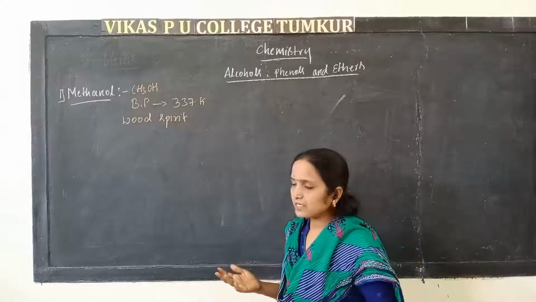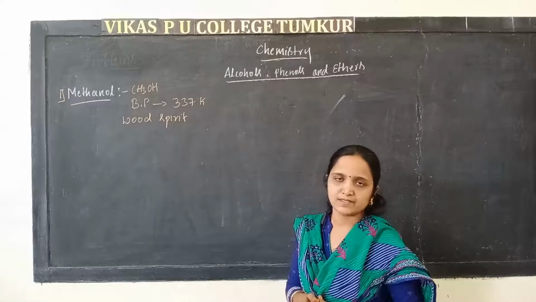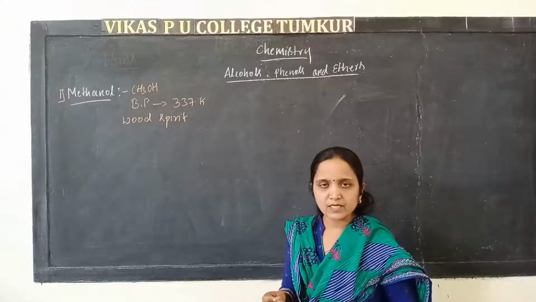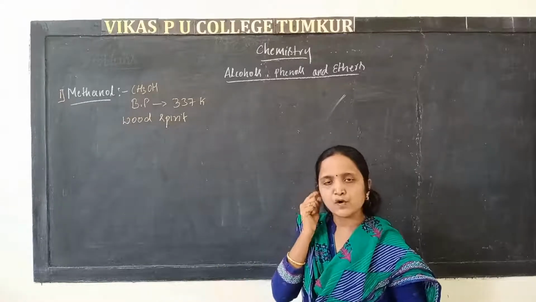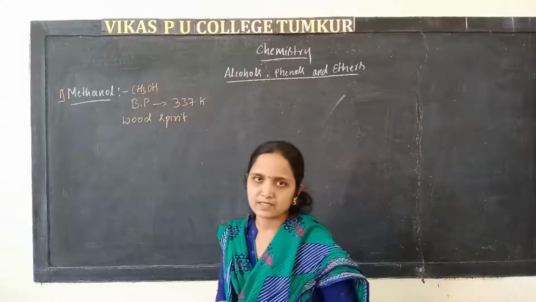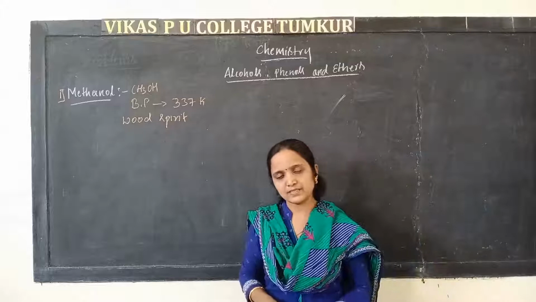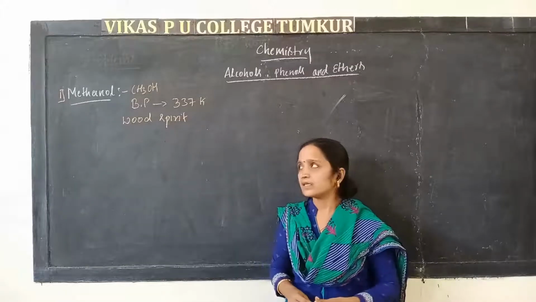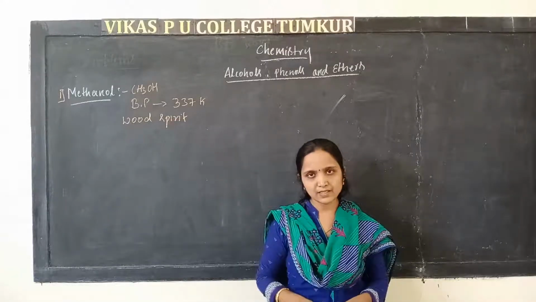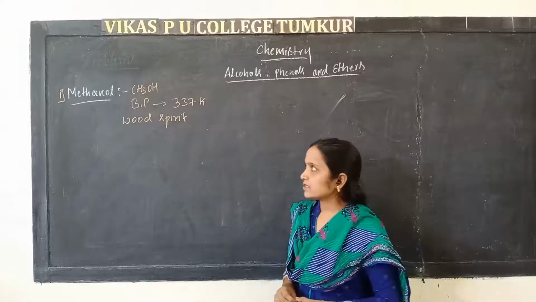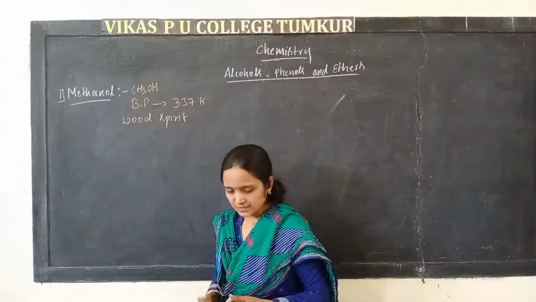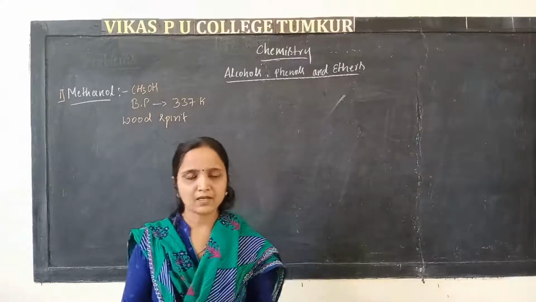From this we can say that methanol is poisonous. Ingestion of a small quantity leads to blindness, and a higher quantity leads even to death. This is about a few physical properties of methanol.